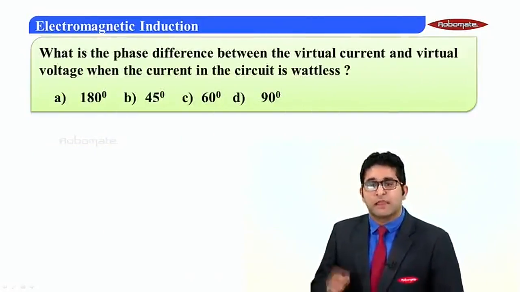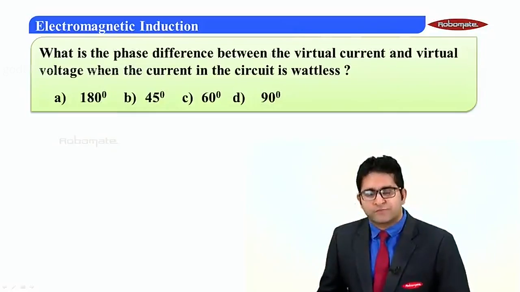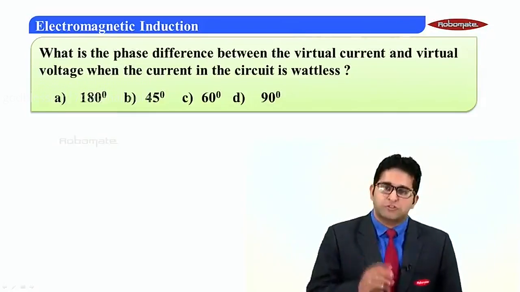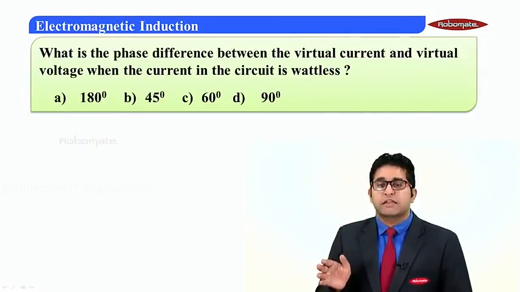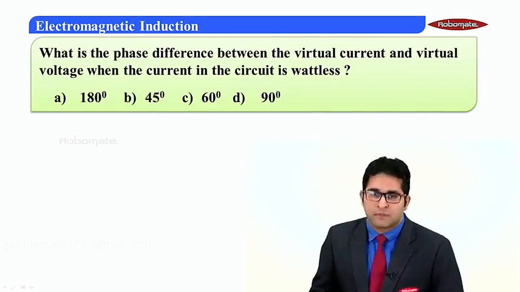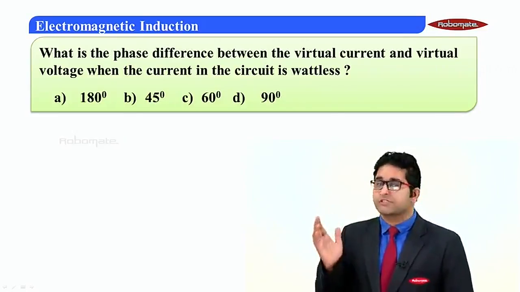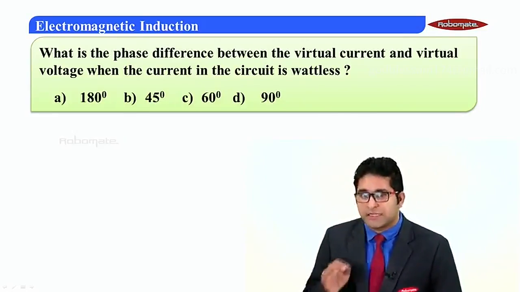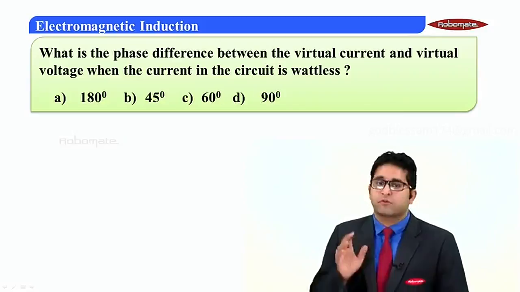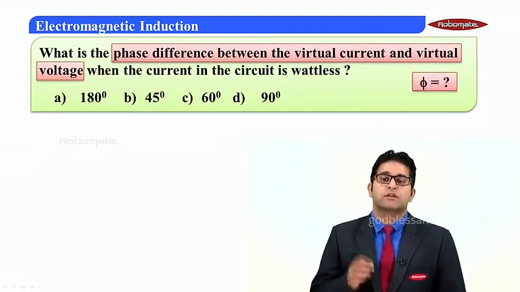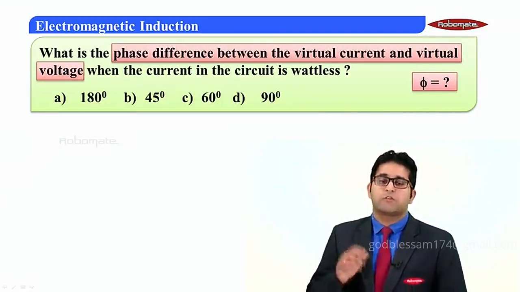Next MCQ, it says what is the phase difference between virtual current and virtual voltage when the current in the circuit is wattless? And the options are option A 180 degree, option B 45 degree, option C 60 degree and the last option is 90 degree. Now over here I want to find the phase difference between virtual current and virtual voltage. Now what do you mean by virtual current?